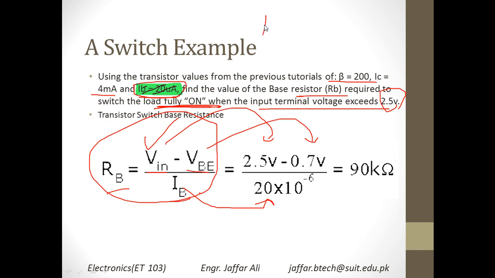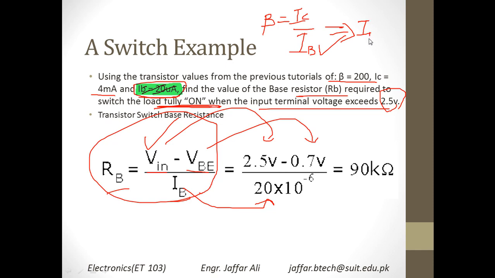You know that the relationship between beta and the current is beta equals IC divided by IB. So if the examiner or anyone didn't give you the value of IB, you can easily find it by doing the same thing that we did in the previous example.